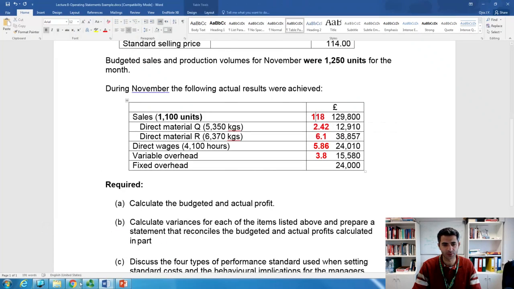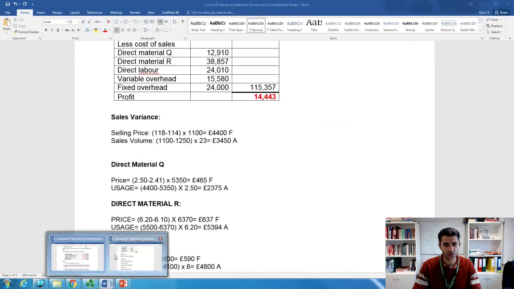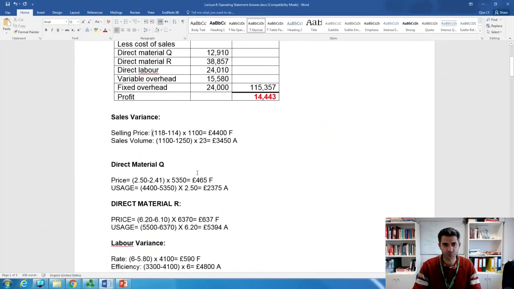Here we go. So the actual selling price minus the budgeted selling price, which is 114 pound, and then you multiply by the actual sales units, right?